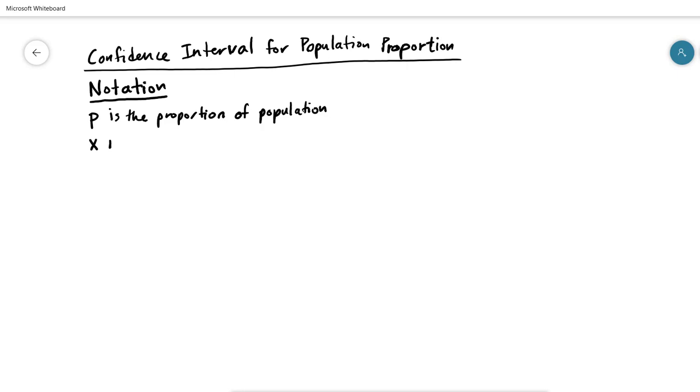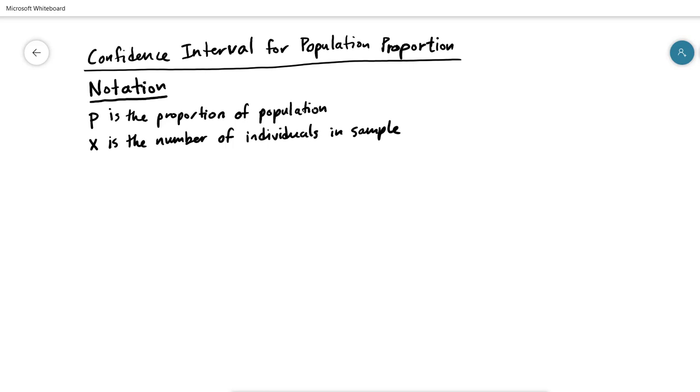X is going to be the number of individuals in the sample that fall into that same category. So X is the number of individuals in the sample that are in whatever that category of interest is. So let me modify both of these.